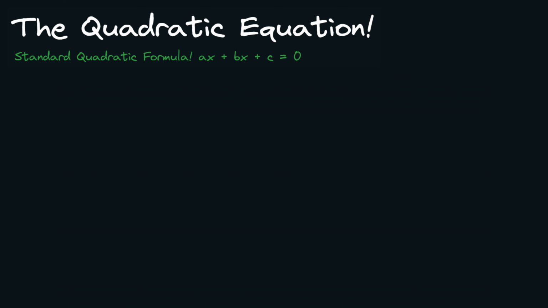Okay, so next we're trying to cover what would happen if the a in the standard quadratic formula is something not equal to 1. What do I mean by that? I mean some equation like this: 3x squared minus 11x minus 4 equals 0.